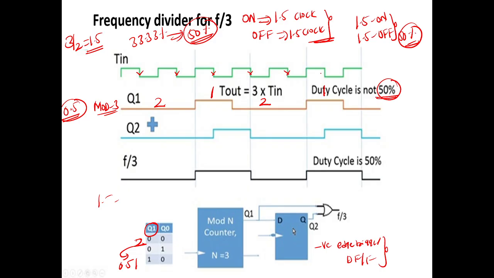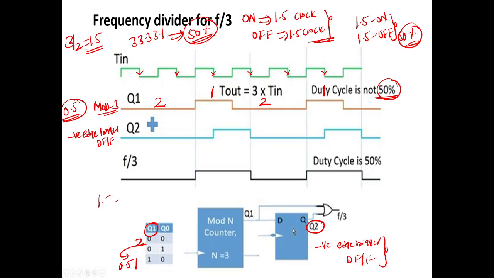So during this negative edge trigger, whatever it is, this is nothing but the Q2 output. Q2 is the output of the negative edge trigger D flip flop.